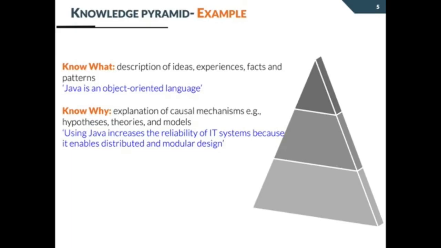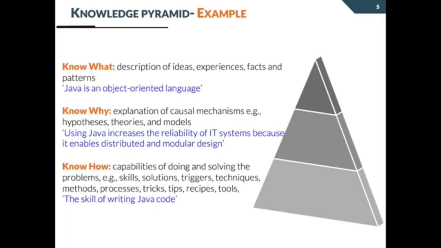But at the very base of this pyramid, we get to know how, which is one of the most fundamental types of organizational knowledge, something more related to the capabilities of performing certain activities or solving certain issues.